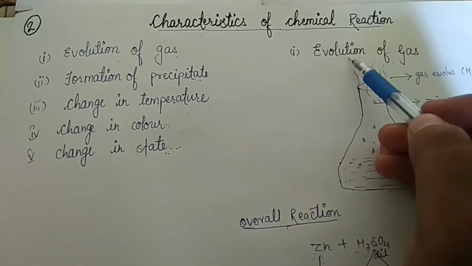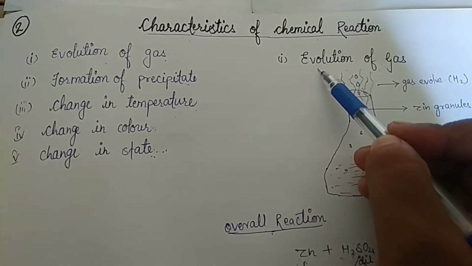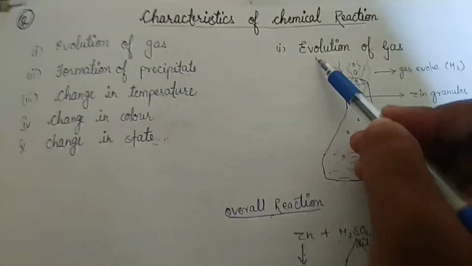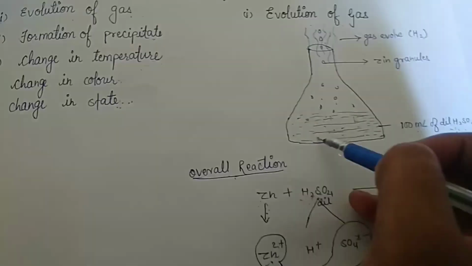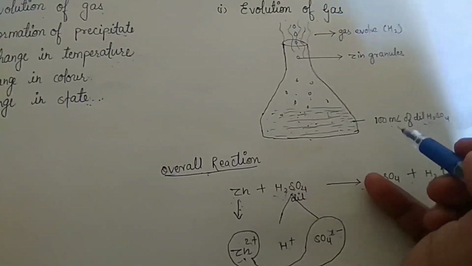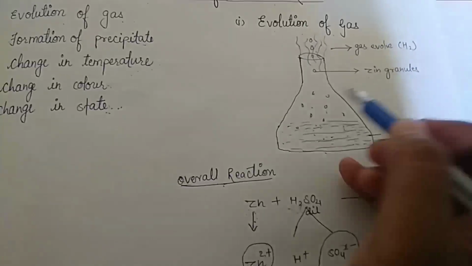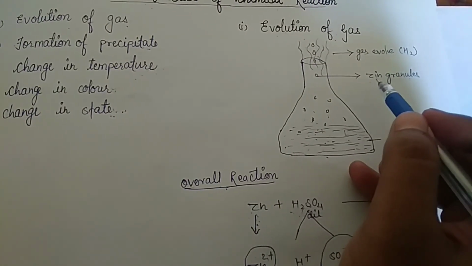Now first, evolution of gas. If there is an evolution of gas, a chemical reaction has taken place. For example, take a conical flask and fill 100 ml of dilute sulfuric acid, and in that also pour some zinc granules.